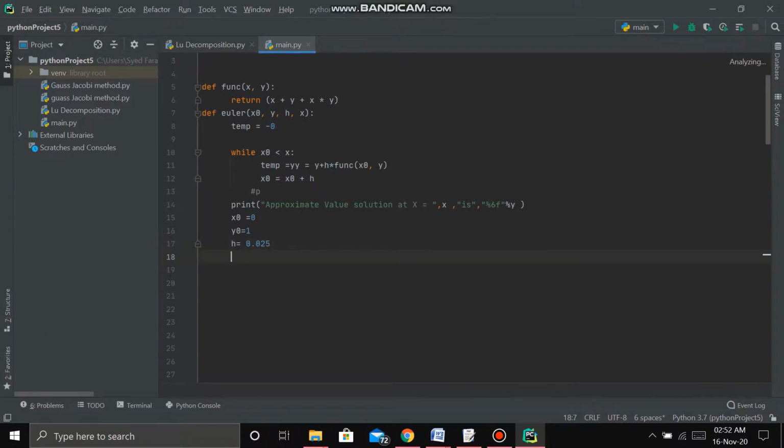Now the value of x at which we need an approximation, and for that I am taking x = 0.1.